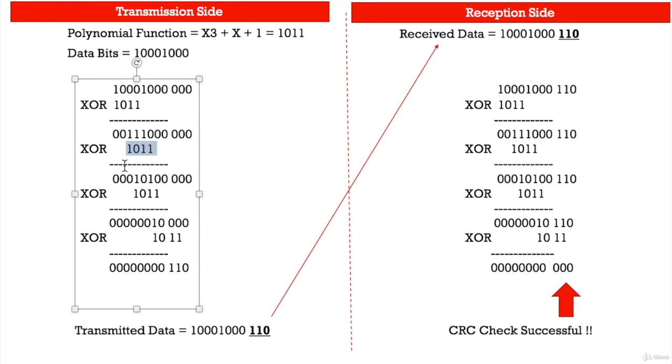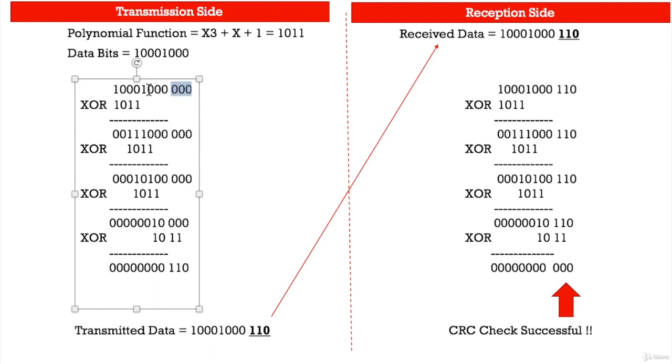So we take down 00, then 110, after XORing it comes to 0 0 0 1 0 1 0 0. And okay, here also you see that 3 digits of CRC have been appended as 0 0 0.